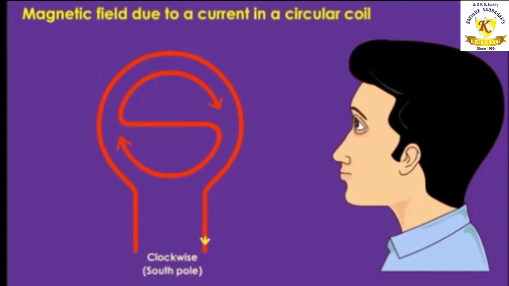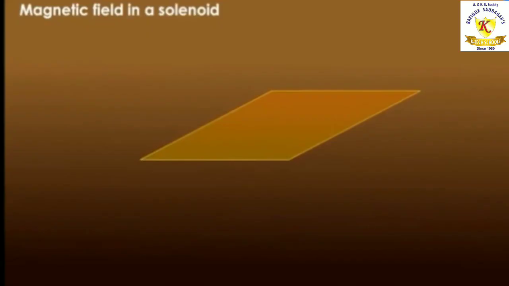Okay? And if the current flows in the coil in anti-clockwise direction facing the experimenter, then that face of coil will act as north pole. Understood, children? Very good. Let's see the next one.